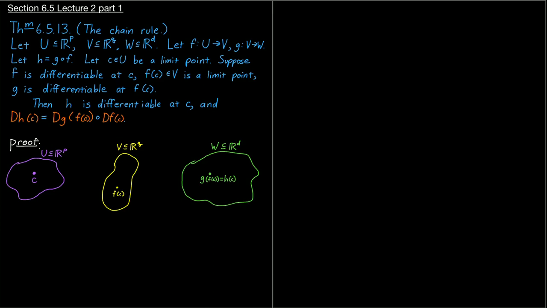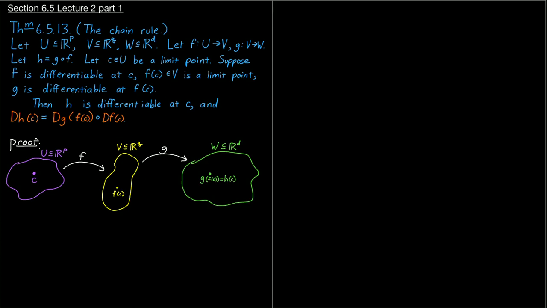And we have our function F going from U to V, and our function G going from V to W. This picture, by the way, is why I bothered with the set W. If you write it out analytically, you might as well just let G be a function with domain all of R^D, but this picture is a lot clearer if W can just be a blob instead of trying to draw Euclidean space.